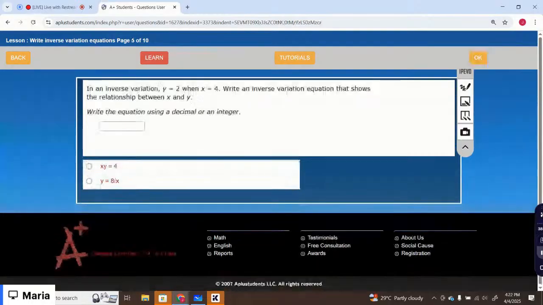In an inverse variation, y equals 2 and x equals 4. Write an inverse variation equation that shows the relationship between x and y. So which is the correct option?